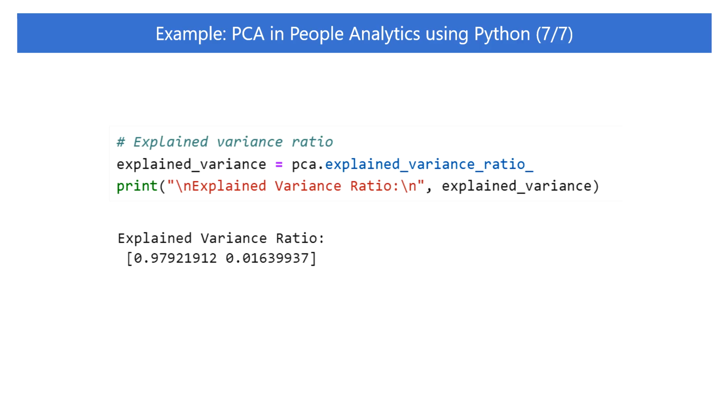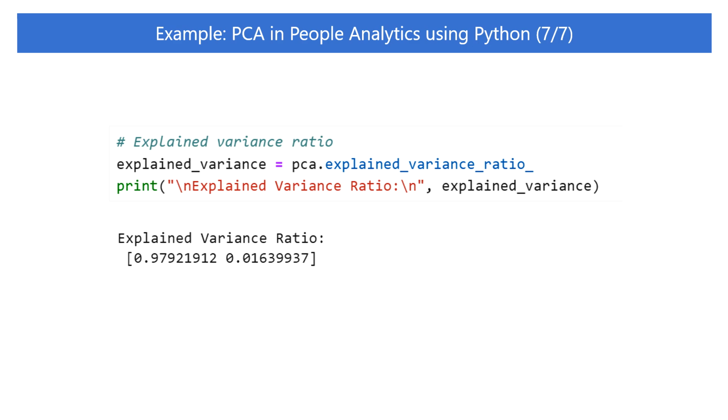Let's interpret PCA results using this code. The function explained_variance_ratio_ tells us how much of the original data's variance is captured by each principal component. Let's apply this function to the PCA model that has learned the data and transformed the data.